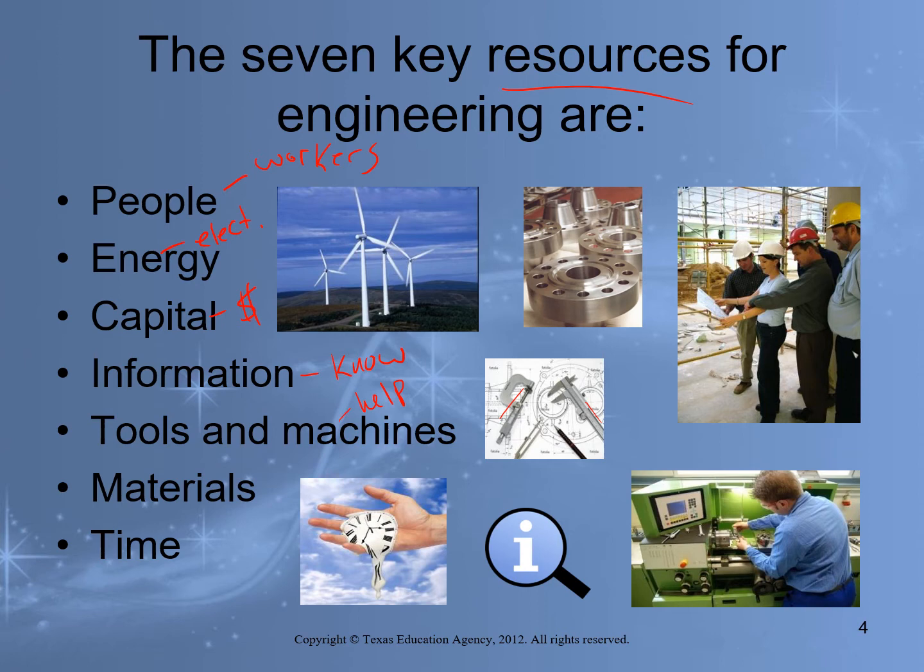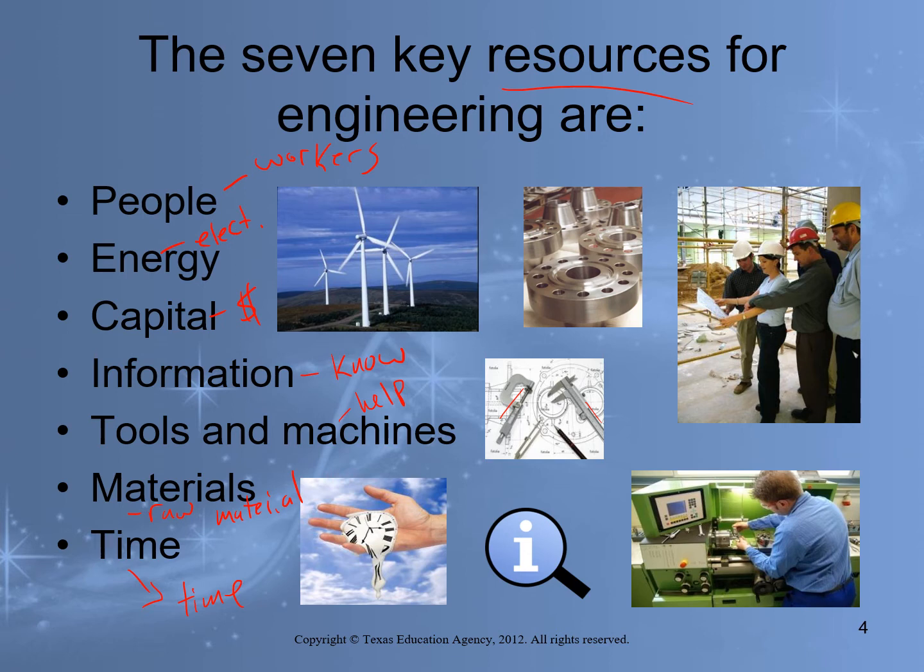Materials, if you have materials, this is just raw materials, right? Let's say you have some scrap metal for your laundry folder or whatever. And the last one is time. Time is important because you can use it. I think you understand what time is. If your company doesn't have any time, well, it's not going to be very profitable.